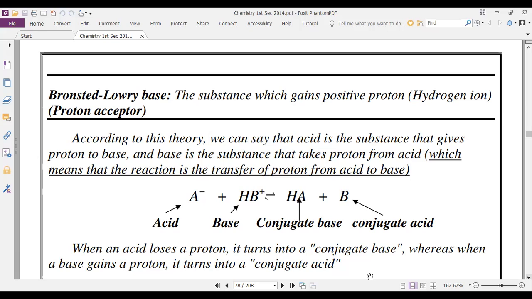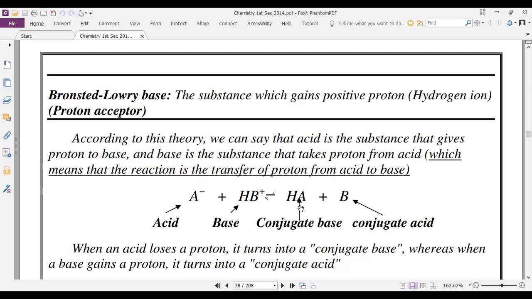As an example, this is a general example: HA as acid plus B as base. According to this, HA is considered the acid, so B will be the base, to produce A- and HB+. B is a base because it will be a proton acceptor.